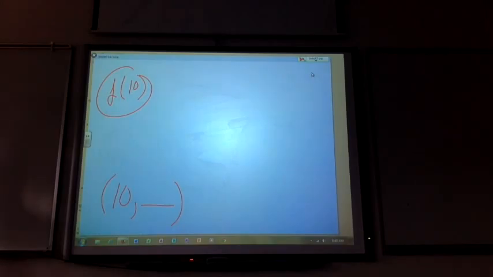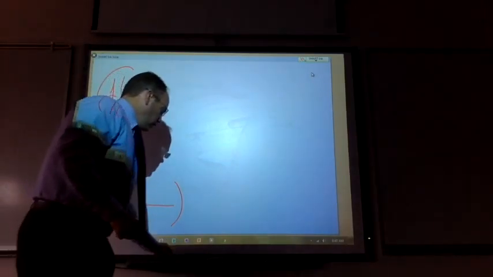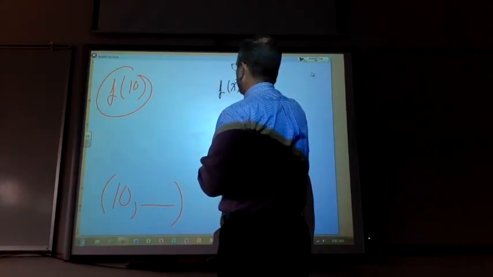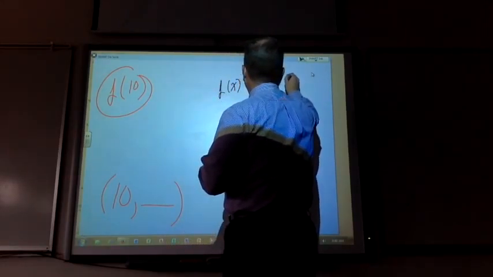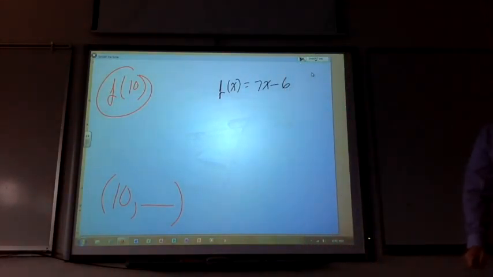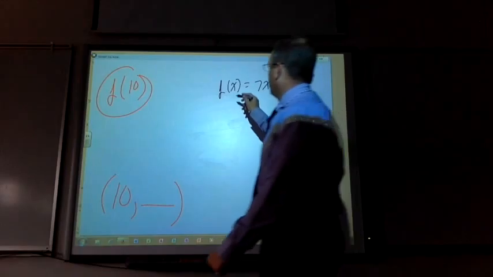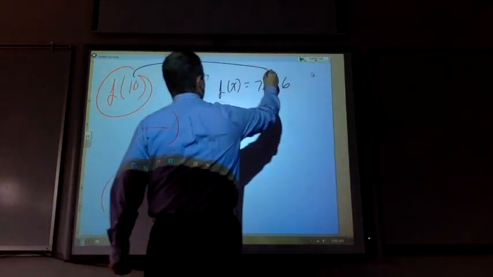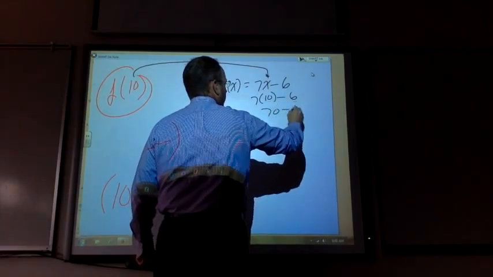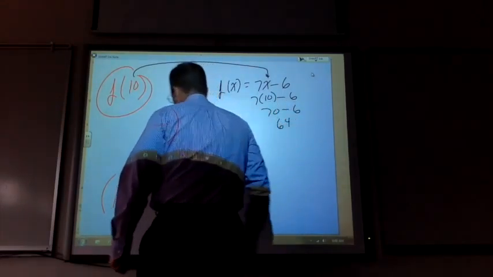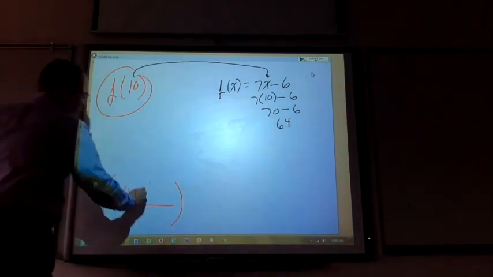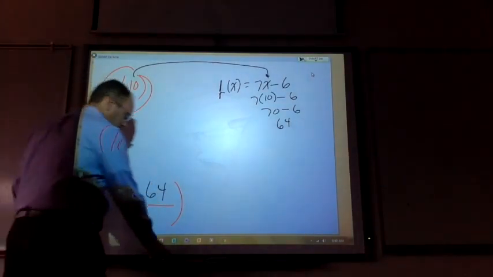Got it? So let's say we know that we have a function equation to be that. So what am I going to do with the 10? I'm going to plug it in for x. This is going to get plugged in right there. So what point does 10 yield me? 10 comma 64. There's a point.